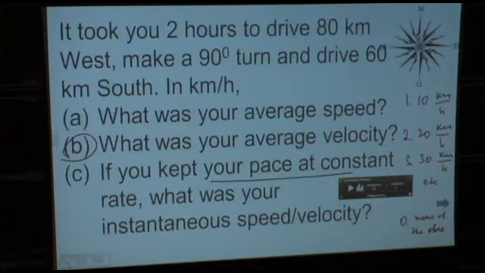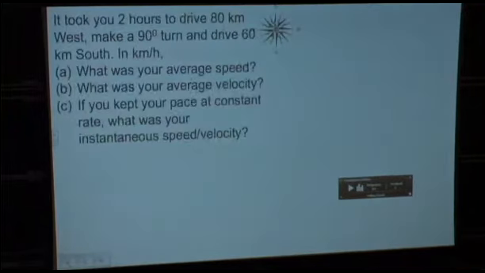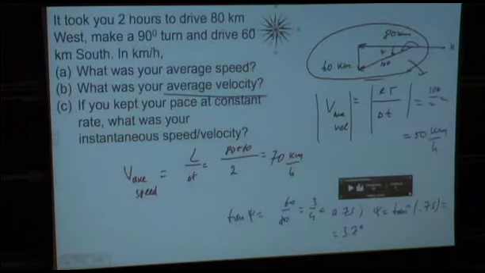And constant speed means if you had a pedometer, that would give you the same number, which was what? 70. Right. But for the question about velocity, you should have said, okay, on the first part of the trip, your velocity was equal to 70 kilometers per hour west.